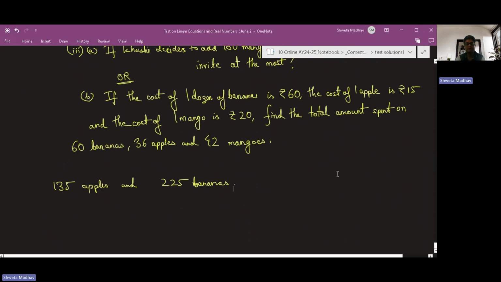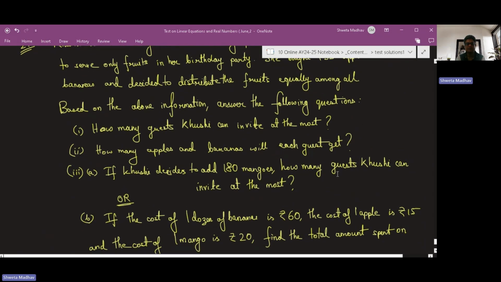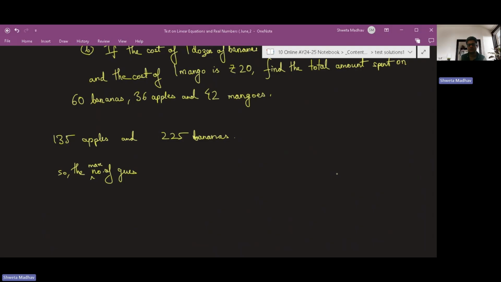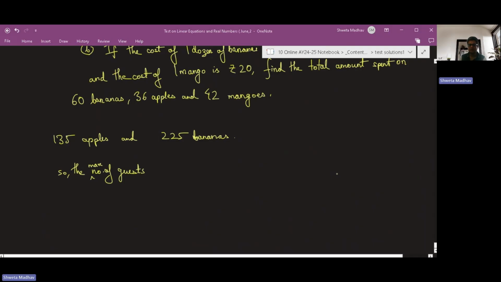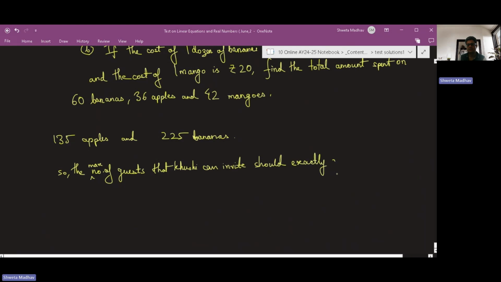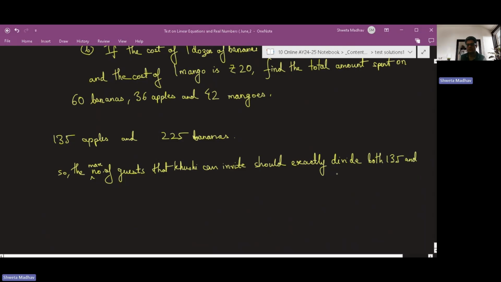So it means the maximum number of guests that Khushi can invite should exactly divide both the numbers 135 and 225.